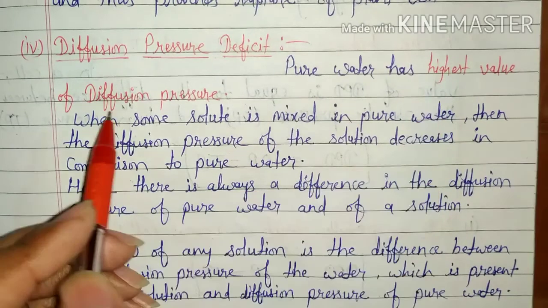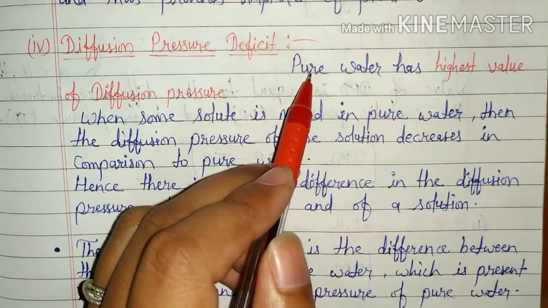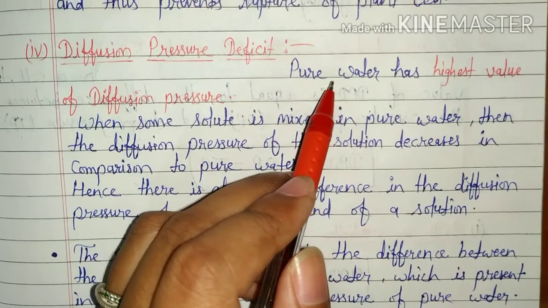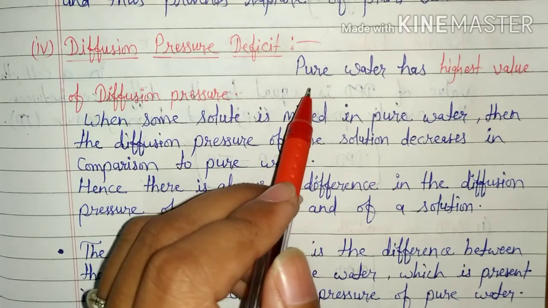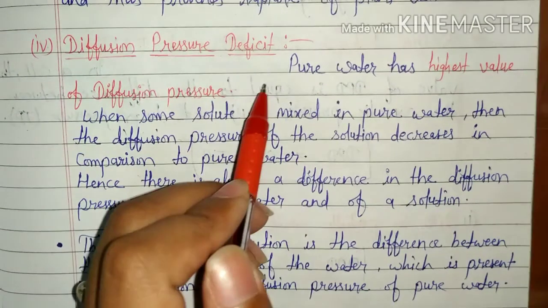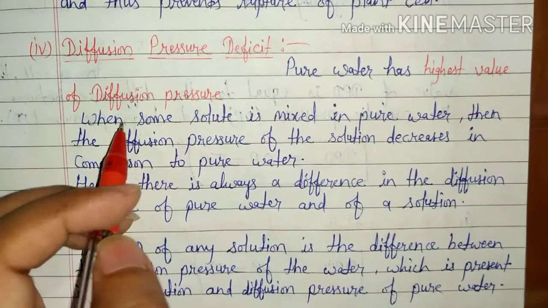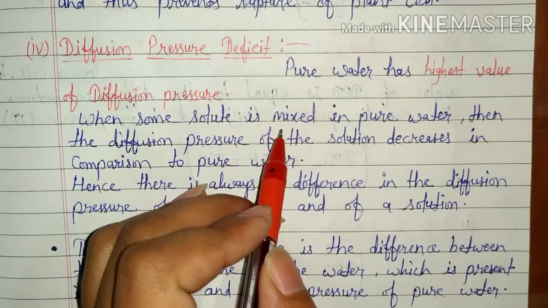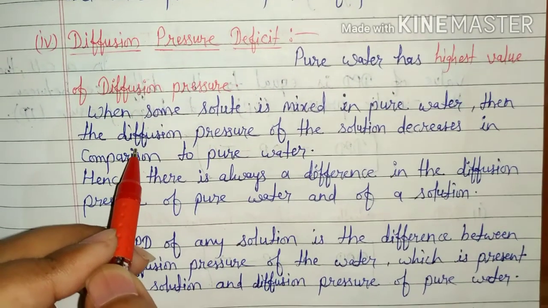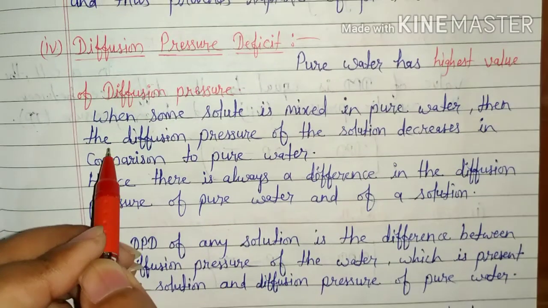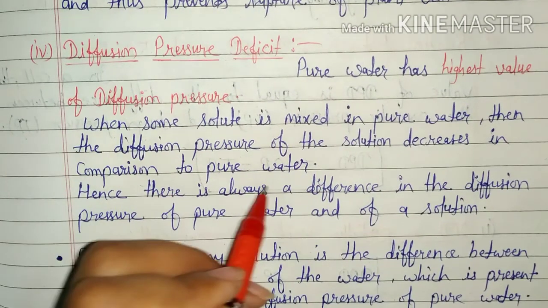Pure water has the highest value of diffusion pressure because solutes are absent in it. Then the kinetic energy of water molecules is high. So the diffusion pressure of pure water is always high. When some solutes are mixed in pure water, the diffusion pressure of the solution decreases in comparison to pure water.